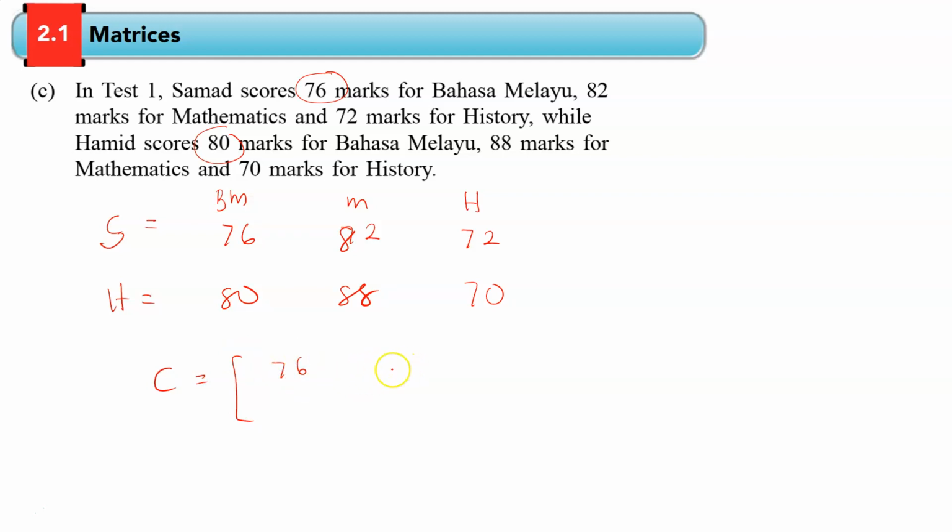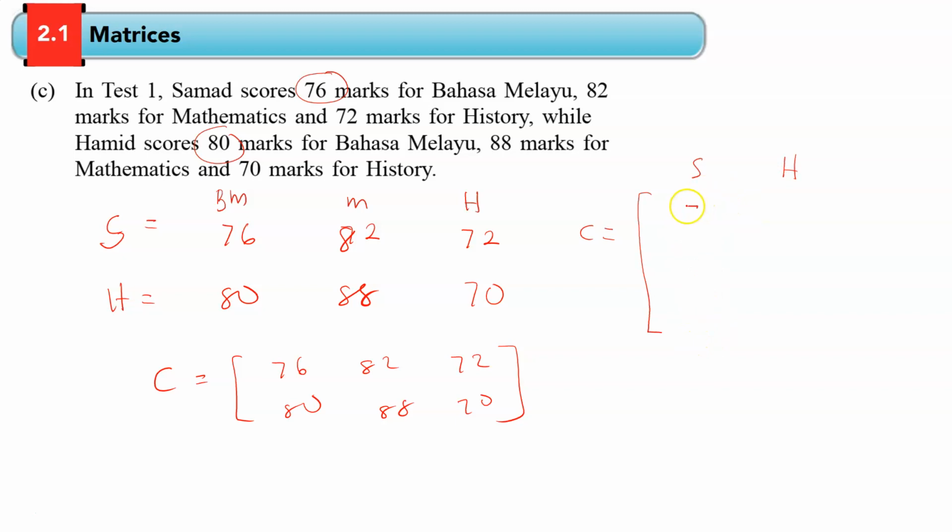Samad horizontally macam ni. So karakteristik dia untuk orang awak buat ambil rows, untuk marks subject awak ambil vertical ataupun awak buat terbalik di mana awak buat matrix dia. Untuk Samad dan Hamid awak susun secara menegak.